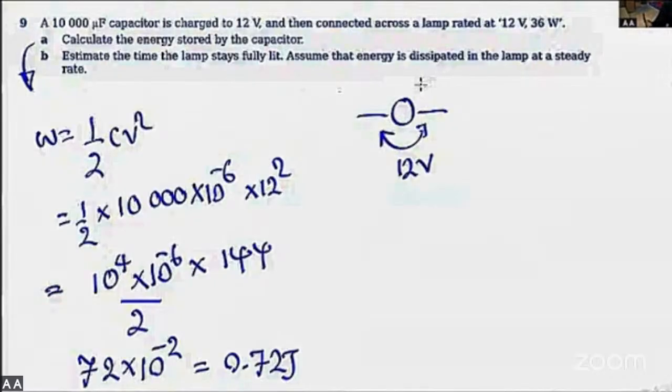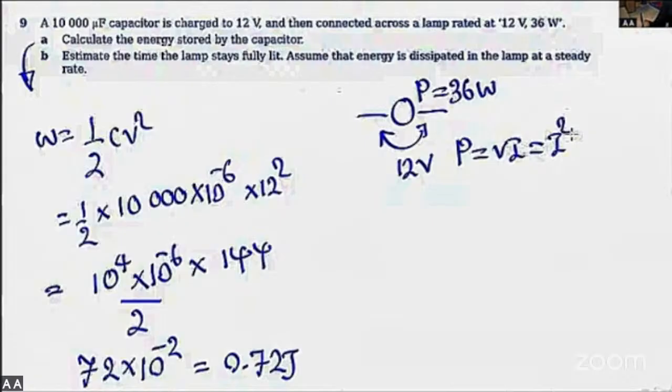The power is 36 watt. What's the equation that connects P and voltage? We can use P equals... there are three equations for the power dissipation through a resistor: P equals VI, I squared R, and V squared over R.